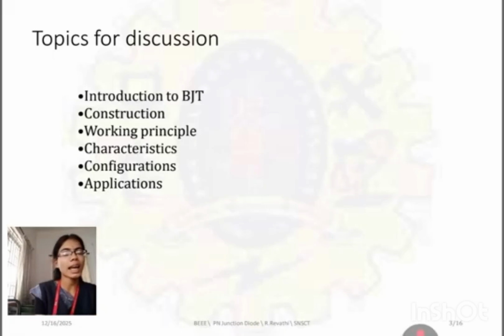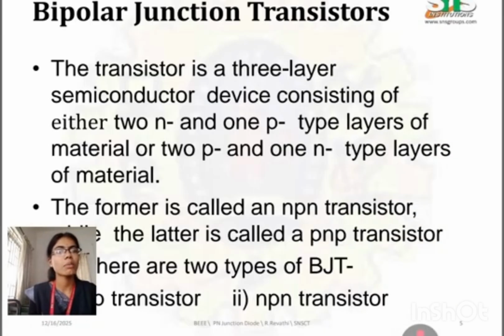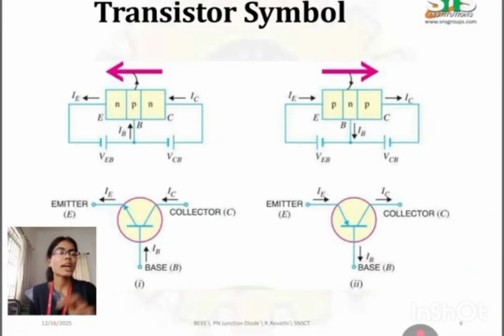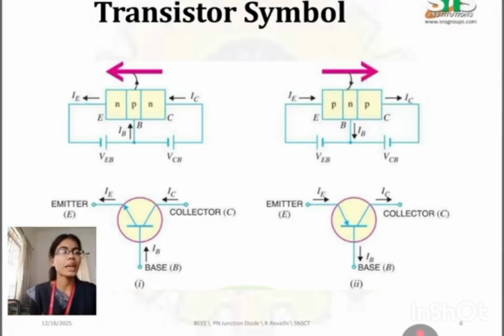The emitter emits the charges and the collector collects the charges, whereas the base acts as a path between the emitter and collector. A bipolar junction transistor consists of two N-type and one P-type layer, or two P-type and one N-type layer, the NPN and PNP transistors. The current flowing in the emitter is known as the emitter current, and likewise the collector current and base current.